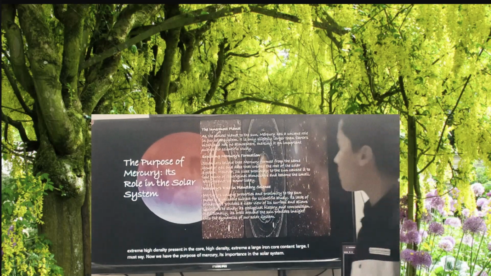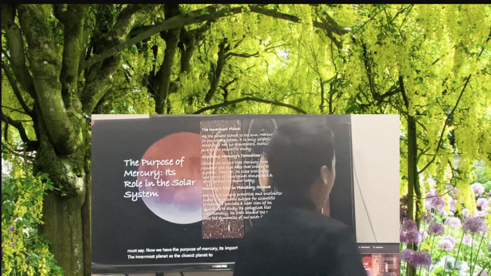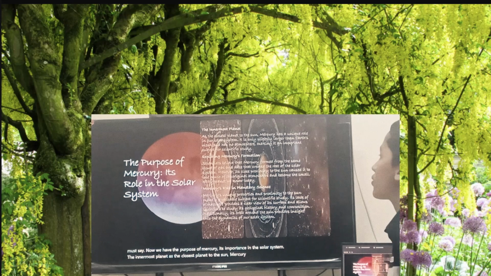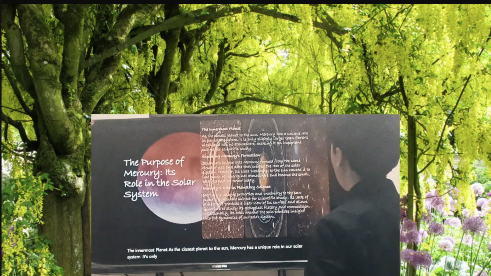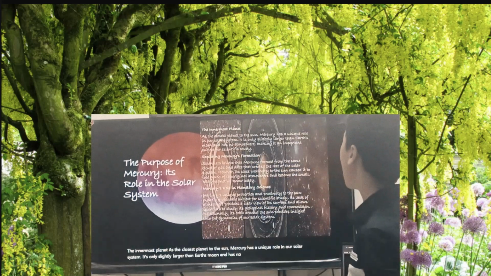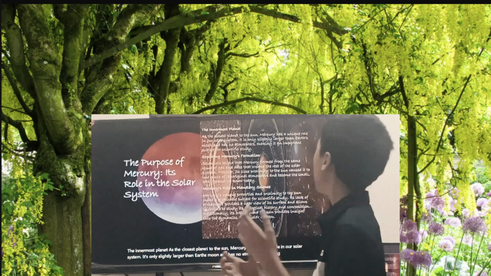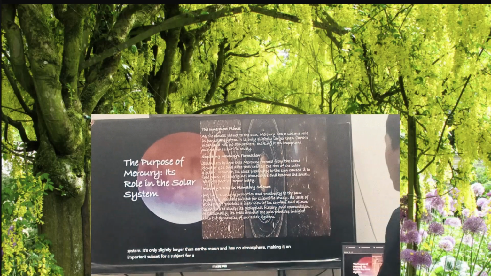Now we have the purpose of Mercury, its importance in the solar system. The innermost planet, as the closest planet to the Sun, Mercury has a unique role in our solar system. It is only slightly larger than Earth's moon and has no atmosphere, making it an important subject for scientific study. Now, exploring Mercury's formation.